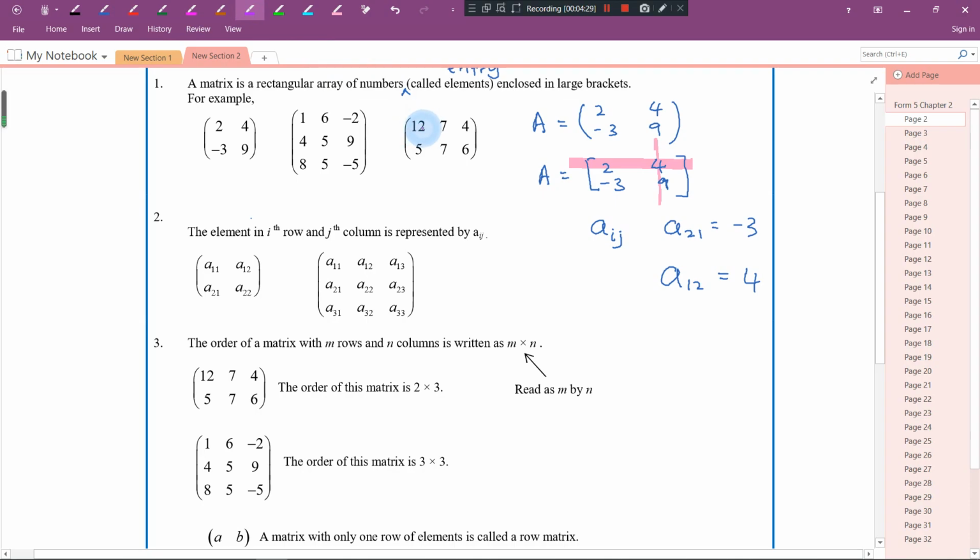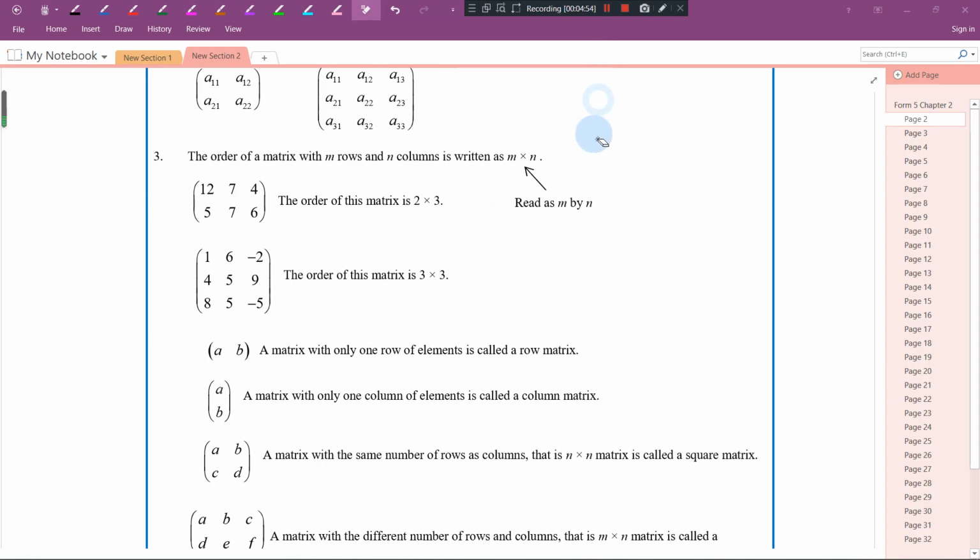How many rows do we have here? 1, 2. 2 rows. How many columns? 1, 2, 3. 3 columns. So the order of this matrix will be 2 by 3. This is the way we state the order of a matrix.